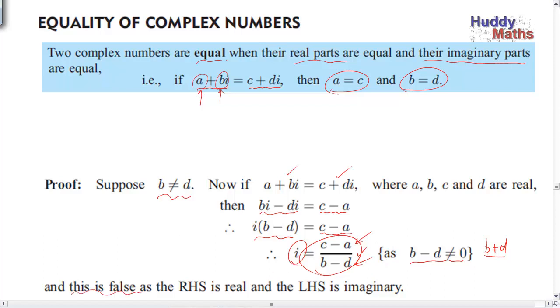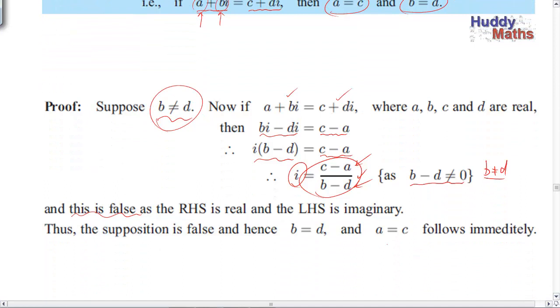So we've got a contradiction there. If b is not equal to d, we get something that is false. Therefore b must be equal to d. Okay, so we've just proven that, and you can then say in the same way that a equals c. So therefore, we've just proven it, that's important.